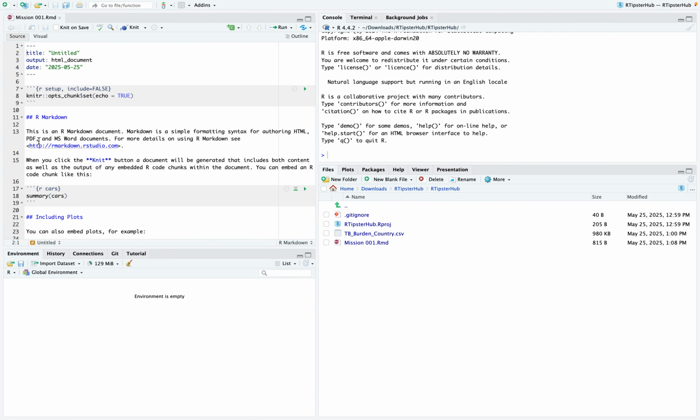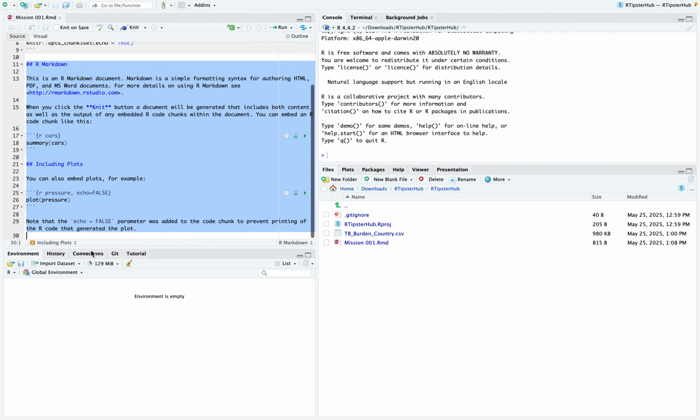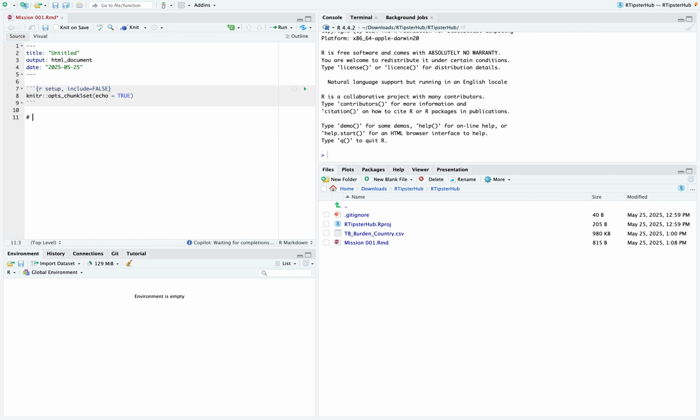First thing, I'll just clear everything here and go to an introduction. I'm not writing any text, just keeping note of the data that I have. First, I'd like to see what variables are in this data set. So I will say read in the data, and we'll name it burden, and then say read.csv, which is a function that you use to read data.